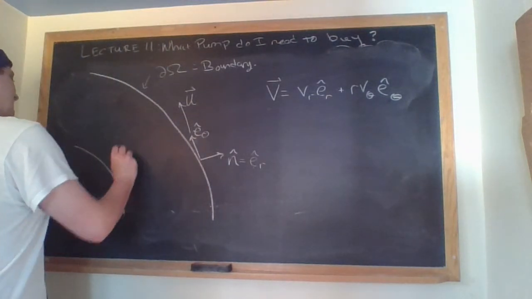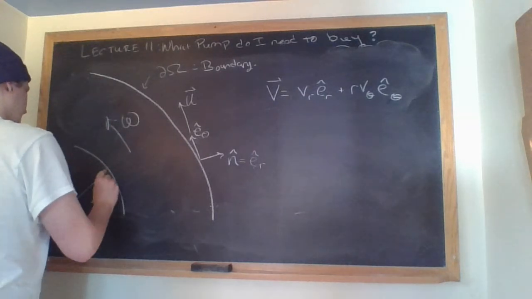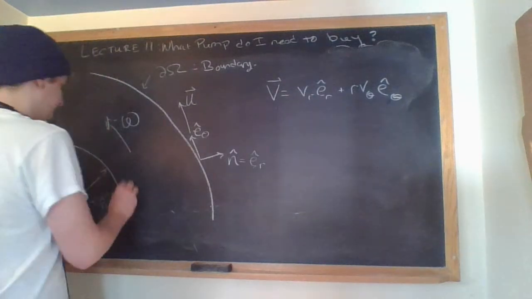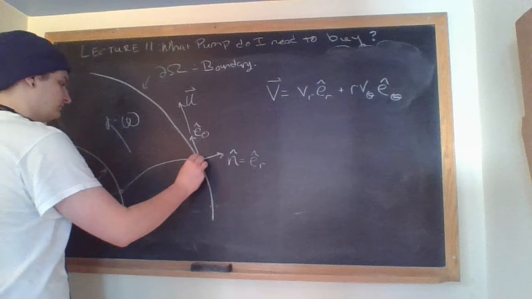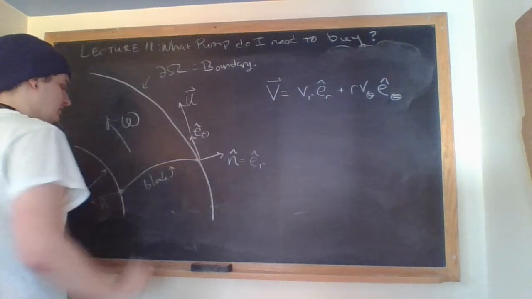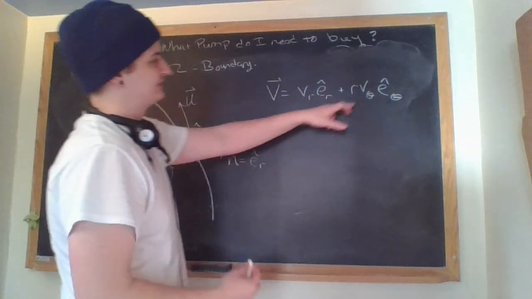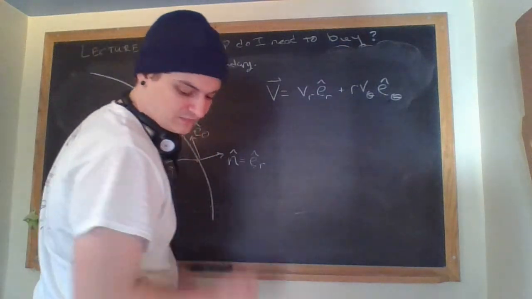You have to imagine here's the hub, so this is all spinning this way. That's my blade. Okay, so in terms of fluxes, the dot n in that last equation, that's where that comes into play.